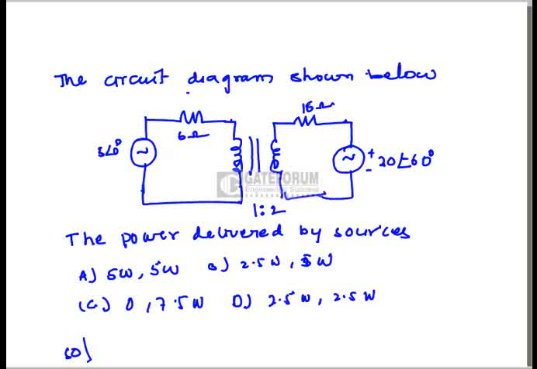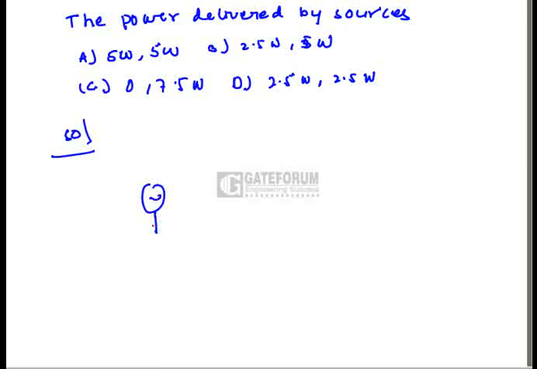If you shift the 16 ohms into the primary side, that has to be divided by the transformation ratio squared. The transformation ratio is 2, so we have to divide by 4. I am writing the equivalent circuit referred to the primary side. This is 5 at an angle 0 degrees, that is given in the primary side, and this is 6 ohms.